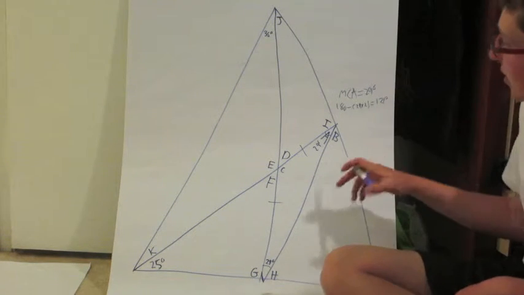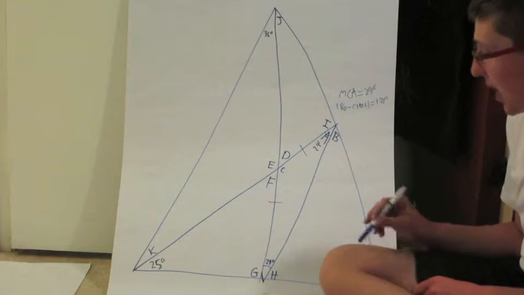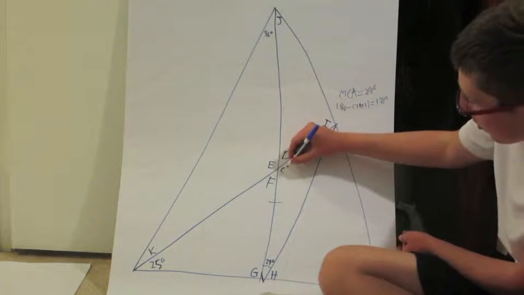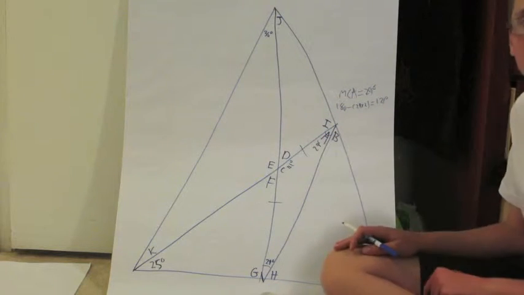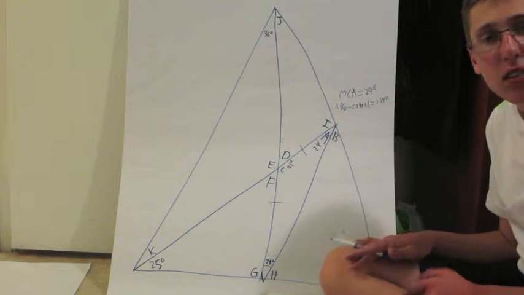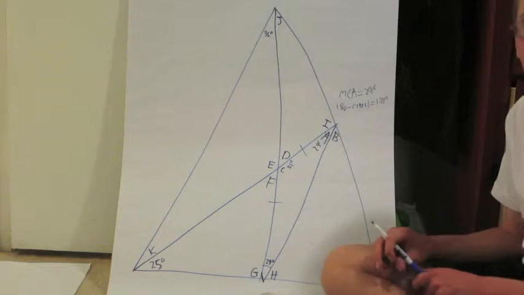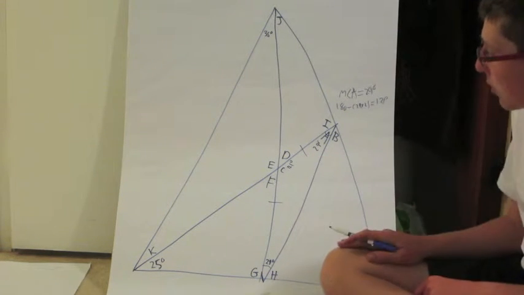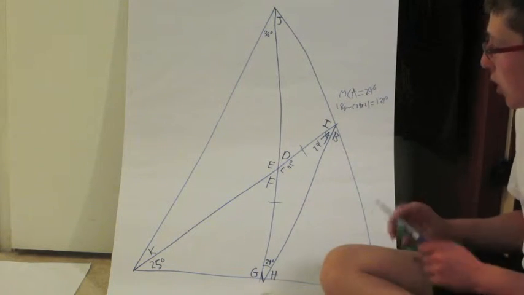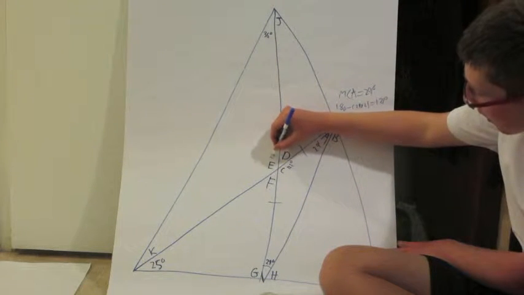This is so because the whole triangle has a total sum of 180 degrees, and so if you subtract these two angle sums, you'd get 121 for the measure of C. The next angle that we can figure out is angle E. Angle E is a vertical angle from C, which means that it will have the same measure as angle C. So angle E will have a measure of 121 as well.